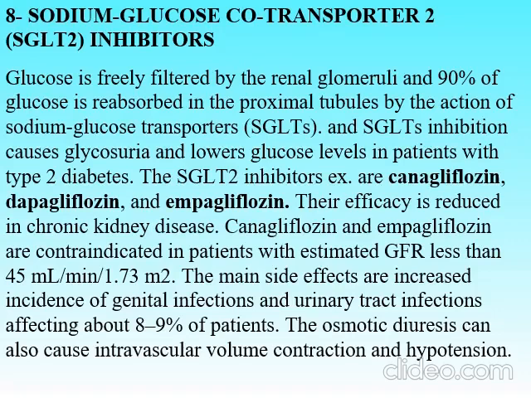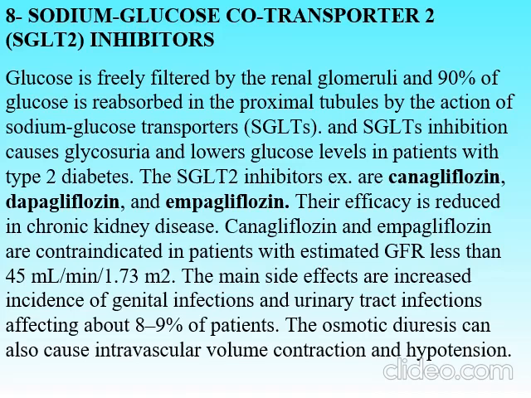Another group is the sodium glucose co-transporter inhibitors. This group works by inhibiting the reabsorption of glucose in the tubules of the kidney, where glucose is freely filtered by the renal glomeruli, and 90% of glucose is reabsorbed in the proximal tubules by the action of the sodium glucose transporter.